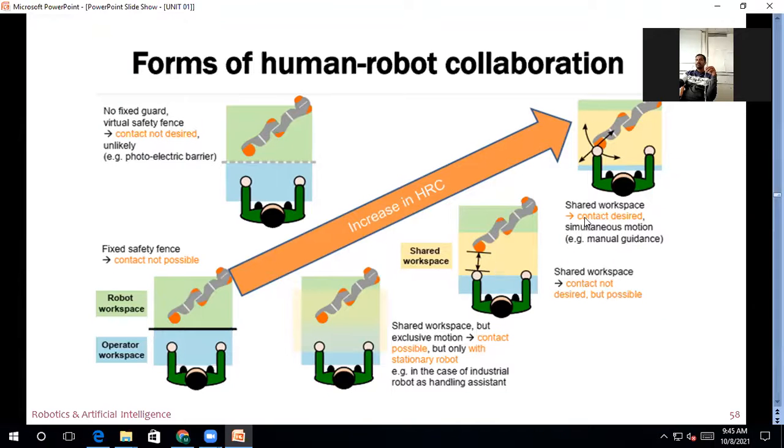You can avoid that. Next is shared workspace, contact desirable, with simultaneous motion, where the workpiece can be handled simultaneously.